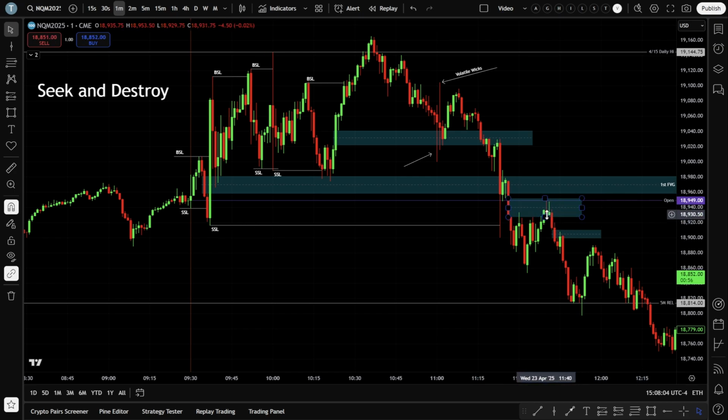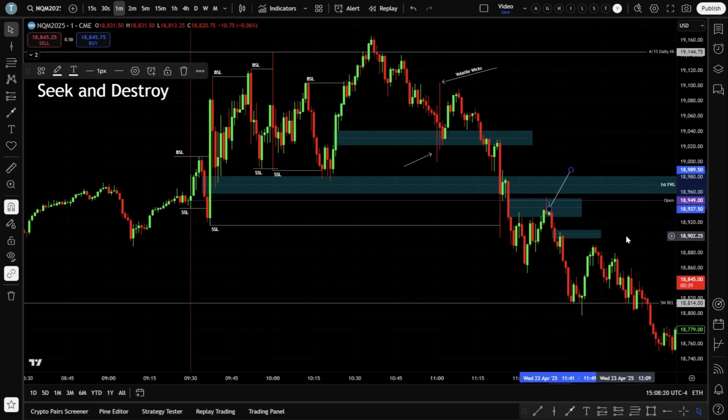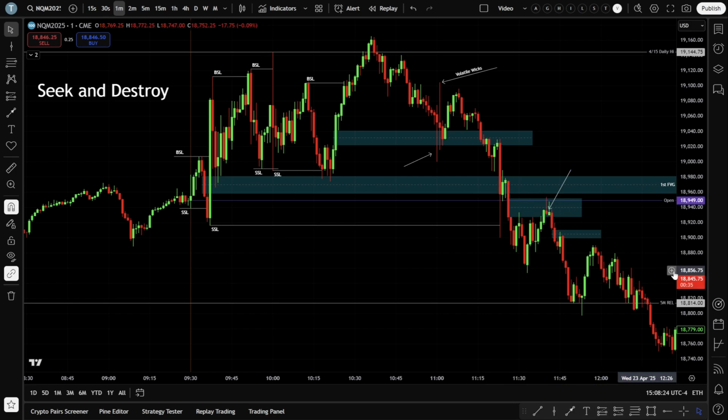And we see the bodies below the consequent encroachment. The wicks are coming up a little bit, but that's okay. Then we drop down again, creating another fair value gap. So right in here is a good opportunity to get into a trade short.